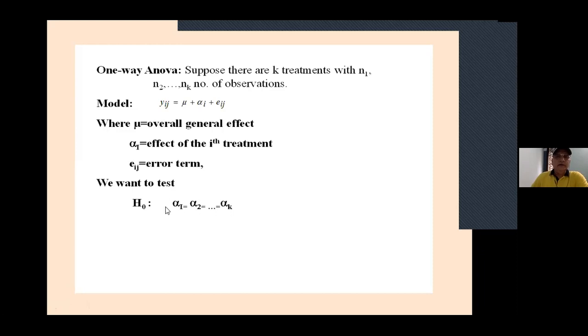If you have only 2 groups, you can test with the help of the t statistic. Because there are more than 2, I have to go for one-way ANOVA. So in this model, Yij is nothing but the response variable, like recovery time. If you are dealing with an agriculture experiment, it could be the yield of a crop, where certain factors which are constant, like rainfall and soil fertility, are put under mu. And this is the type of seed used.